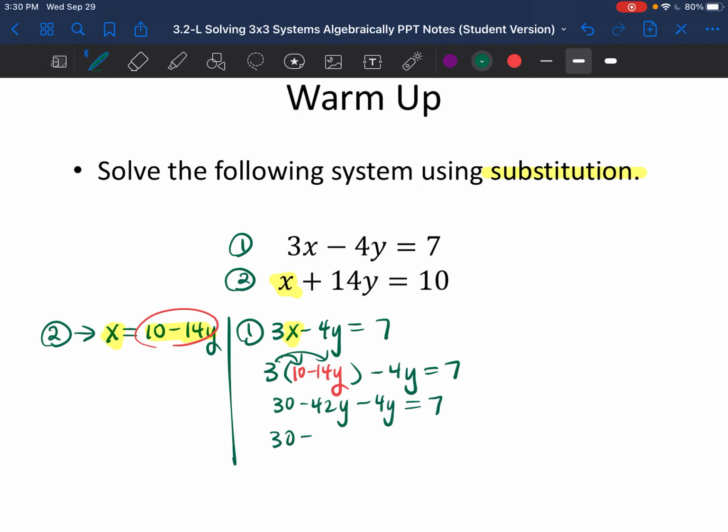Combining like terms. Isolating the y term. Isolating the y variable. And so -23 over -46 is 1/2.